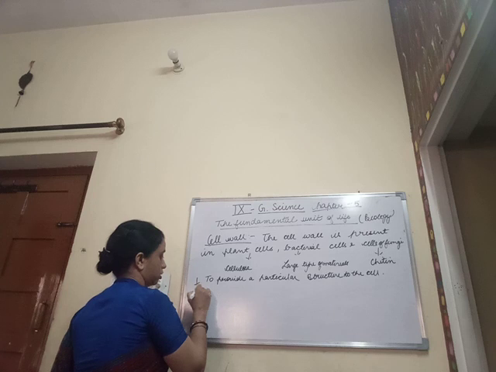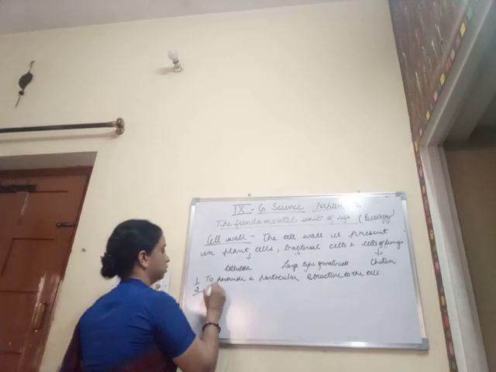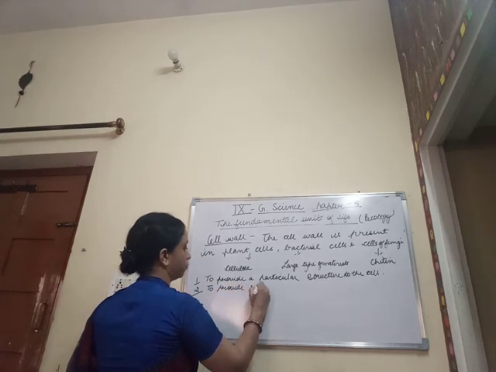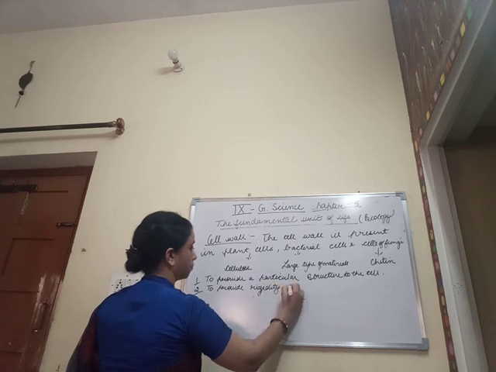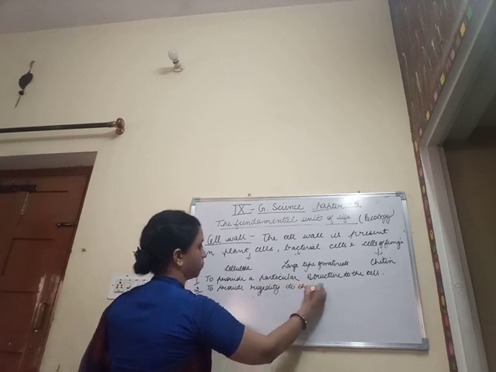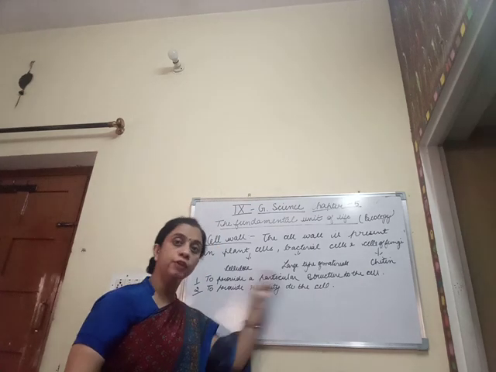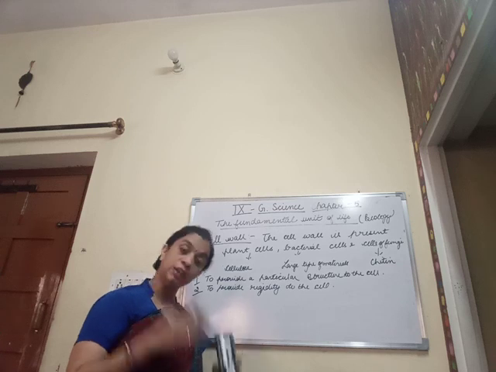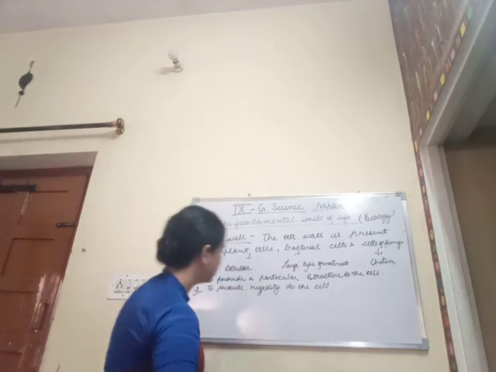Next, to provide rigidity to the cell. As we all know, it is a very tough substance, therefore it very well provides rigidity to the cell, and it also provides a basic structural plan to the cell.